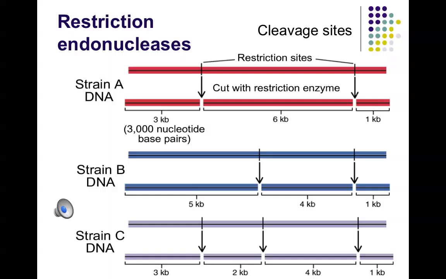Notice the restriction site, the reason we call them restriction endonucleases, the restriction site is actually a unique sequence of nucleotides that the enzyme, the endonuclease, recognizes. It's essentially a binding site, or a direction, or almost like pointing an arrow to that piece of DNA that says or tells the enzyme, cut here.